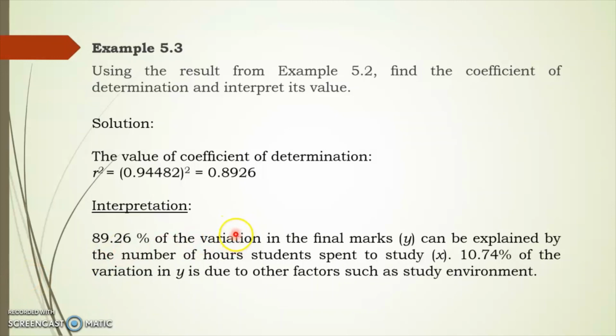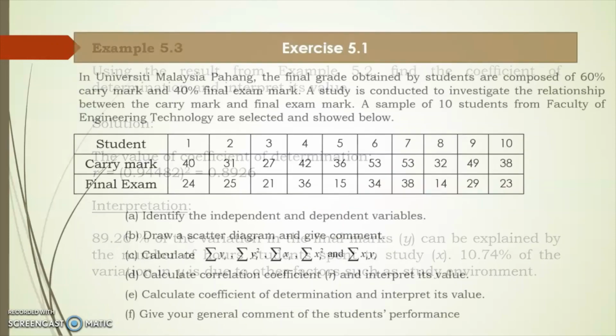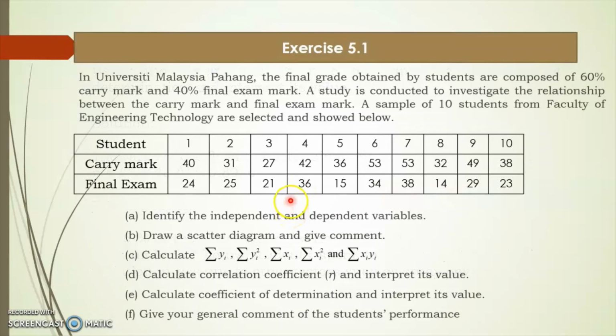Now, I don't think you can clearly understand the calculations and the interpretation unless you try out an example. So, for that, I want you to try this exercise 5.1. Identify which one is the independent and dependent variable.